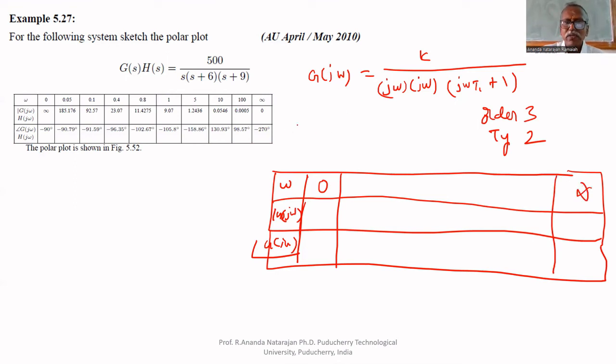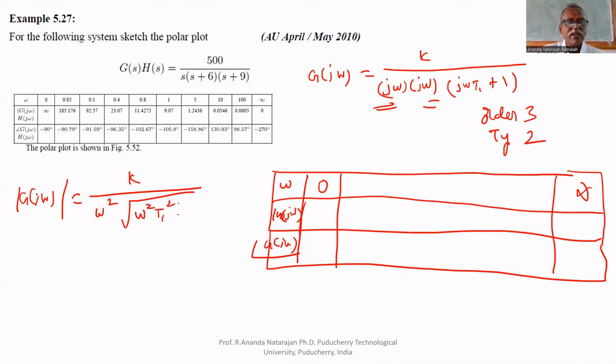Here, the magnitude of G of j omega equals K upon omega square times the square root of omega square T1 square plus 1. If you substitute omega equal to 0, you will get magnitude infinity.